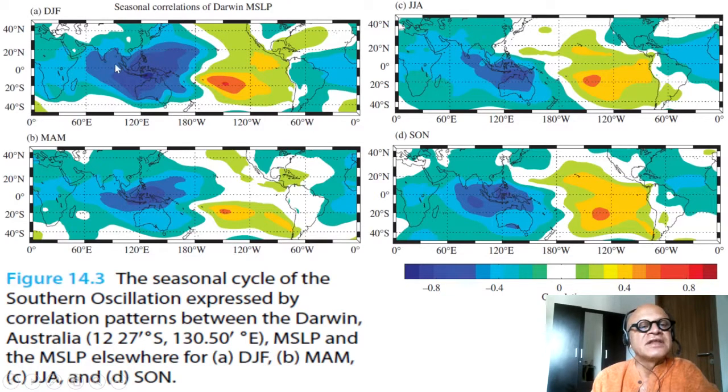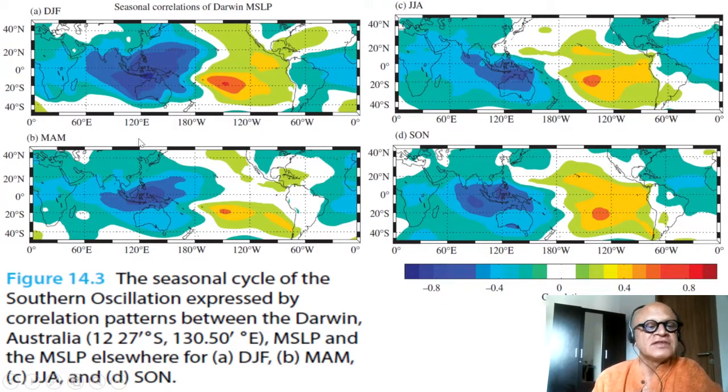And you can see that even in June, July, August, the correlation of Darwin only covers part of India as far as high correlations are concerned, which may give us a sense that the El Niño effect on India is not going to be uniform, even considering that the Southern Oscillation is not the complete El Niño story, that there are other heating movements involved and Rossby waves in the atmosphere and so on.